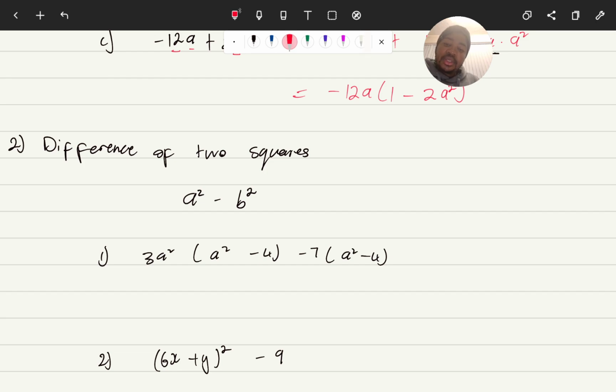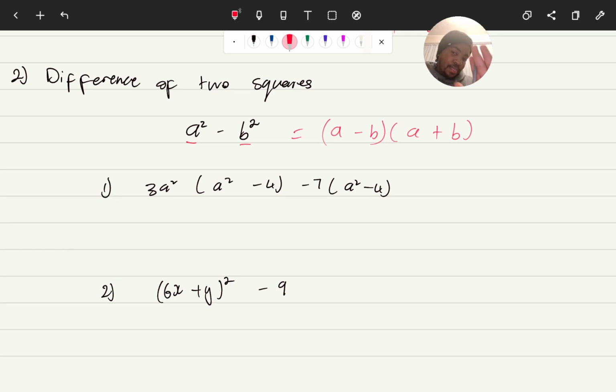There are two square numbers and you are subtracting them. When we actually do it, it becomes a minus b, a plus b. It always follows this way, always and forever.